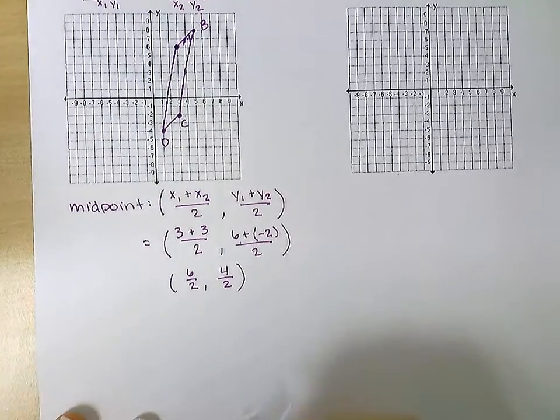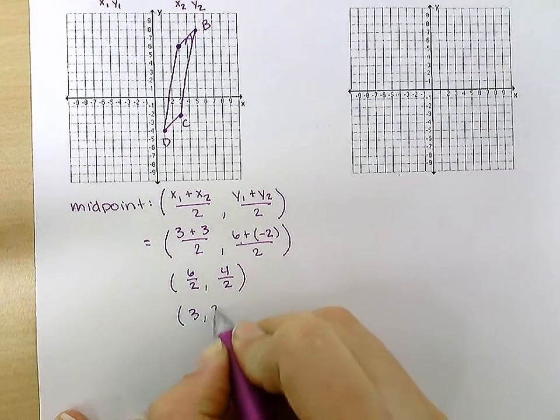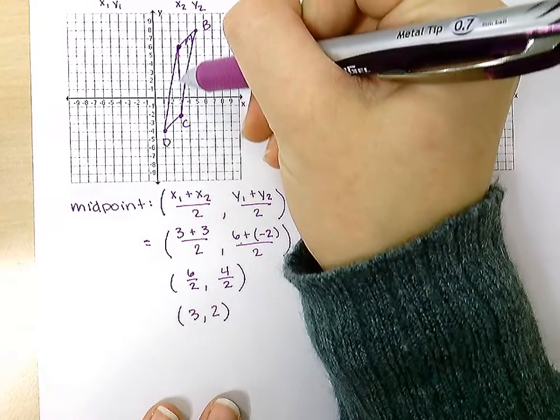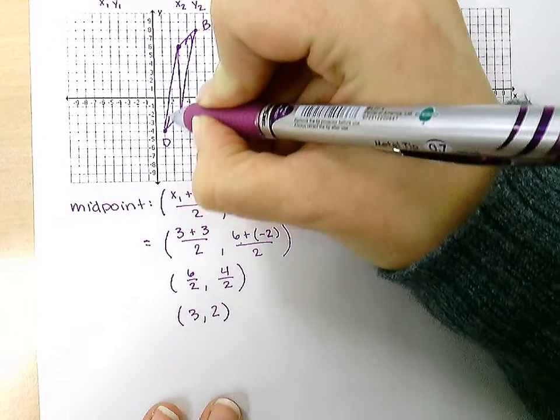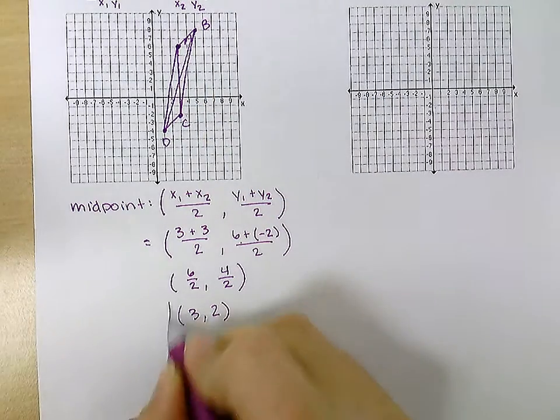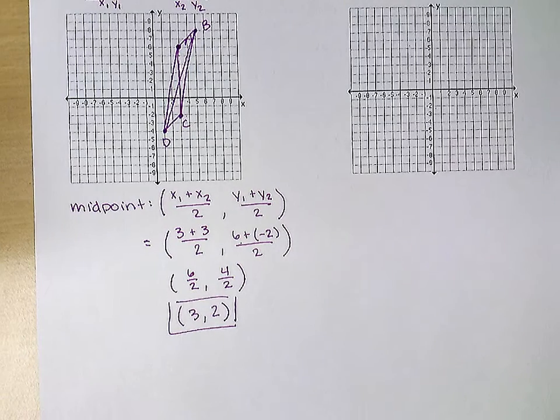So our point will meet at (3, 2). And if you were to draw in that other diagonal, you could see those diagonals intersecting around that area. So that would be your midpoint.